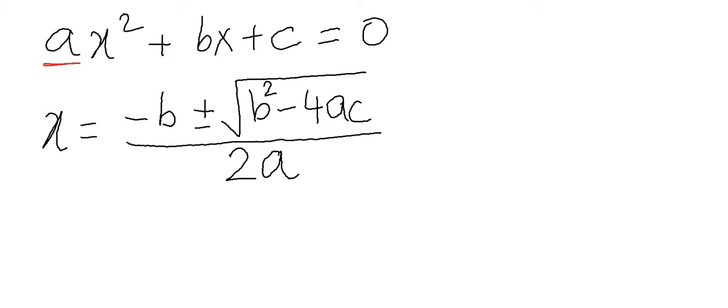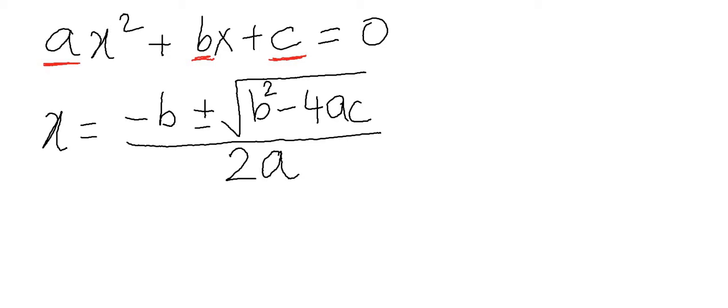So you have constants a, b, c, and x is represented in terms of these three constants a, b, and c. So memorize this quadratic formula. So x will be equal to minus b plus or minus square root of b square minus 4ac over 2a.